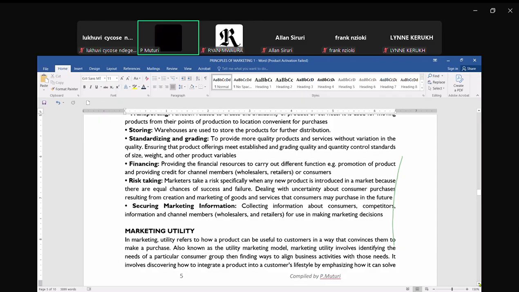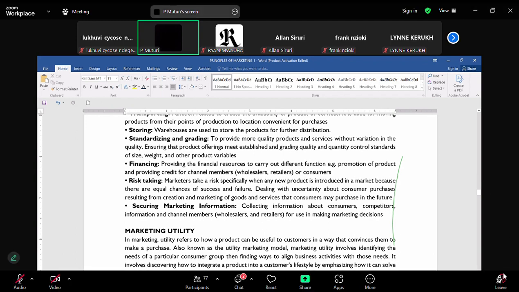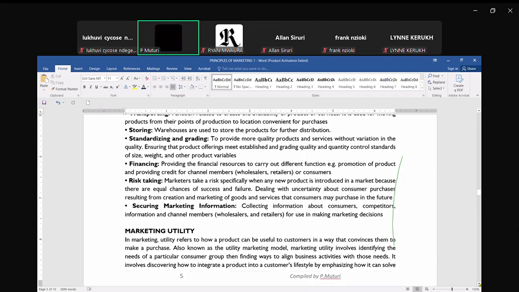And then those intermediaries or channel members can give that information to the producer. Maybe customers are complaining about one or two things about the product. So there is that securing and gathering of market information to inform the marketing activities, to inform the product and how it should be improved, or how the quality of the product can be enhanced.